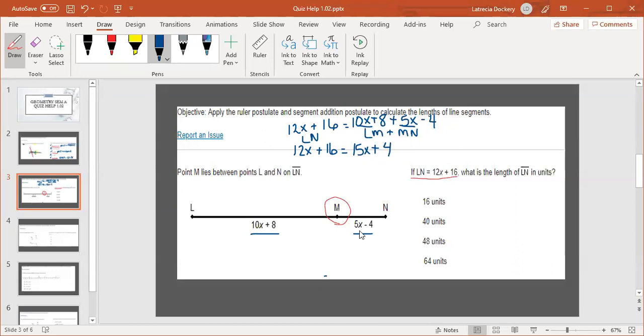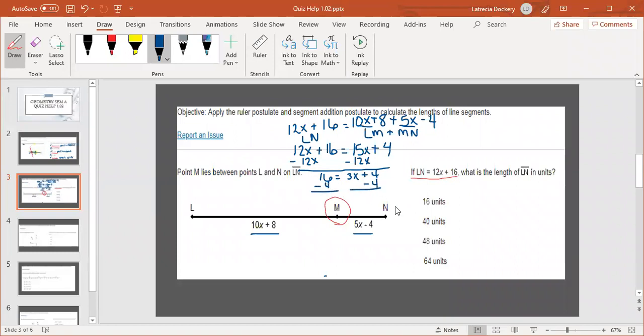Now, we want to put our x's on one side and our numbers on the other. I'm seeing 15x on the right, so I'm going to subtract 12x from both sides. That leaves me with 16 equals 3x plus 4. Now I'm going to subtract 4.